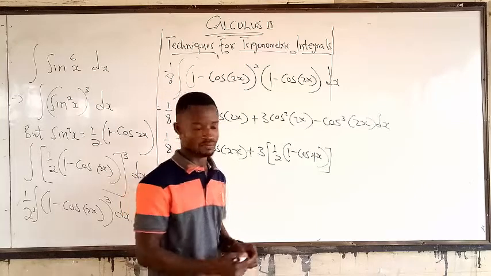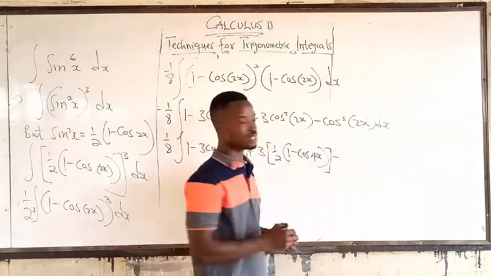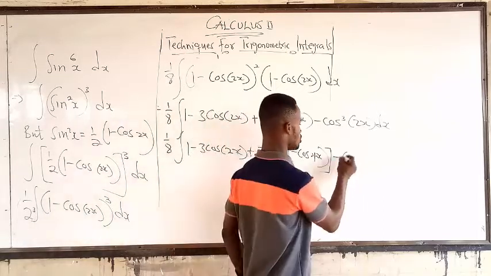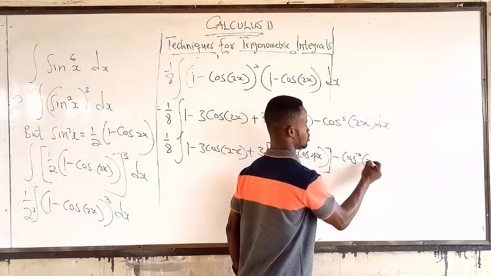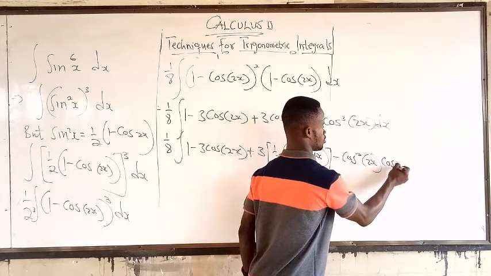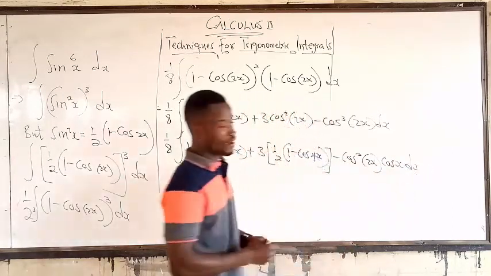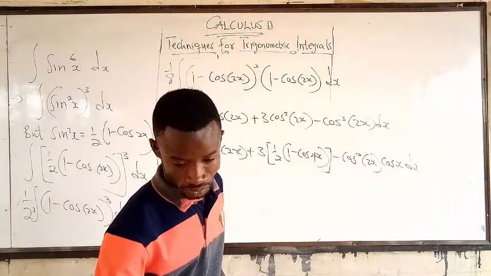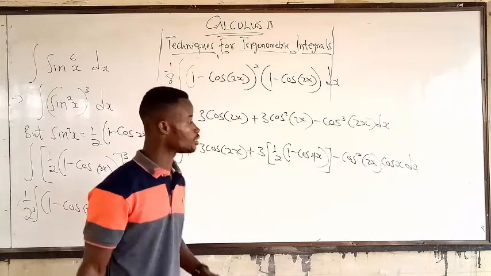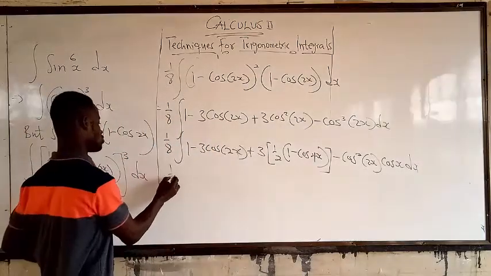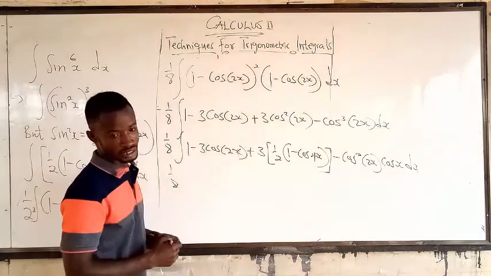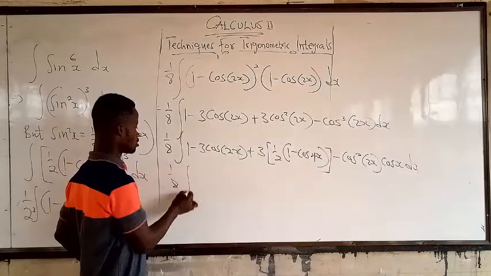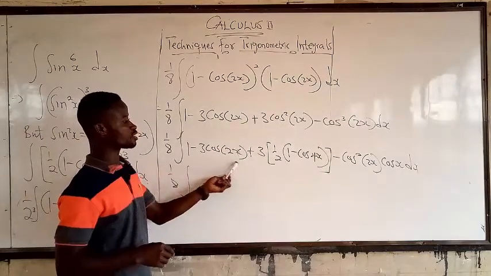Alright. Then minus. Now watch what we are going to do here. This is odd, so you can write it as this. Let's see what we are going to do. So here 1/8, with this, we know that we can integrate all of this.